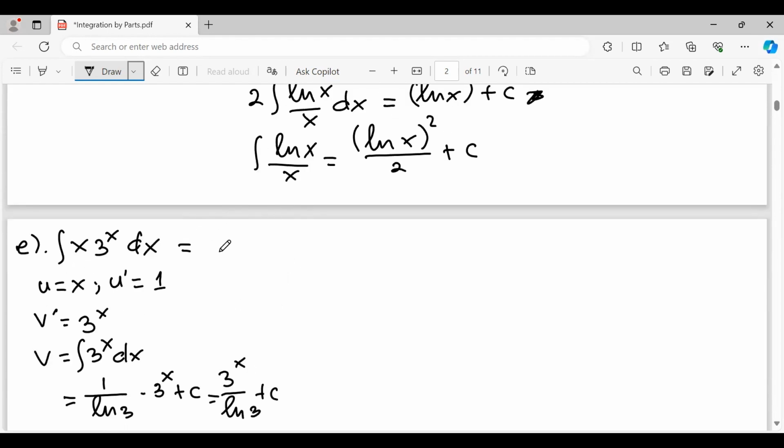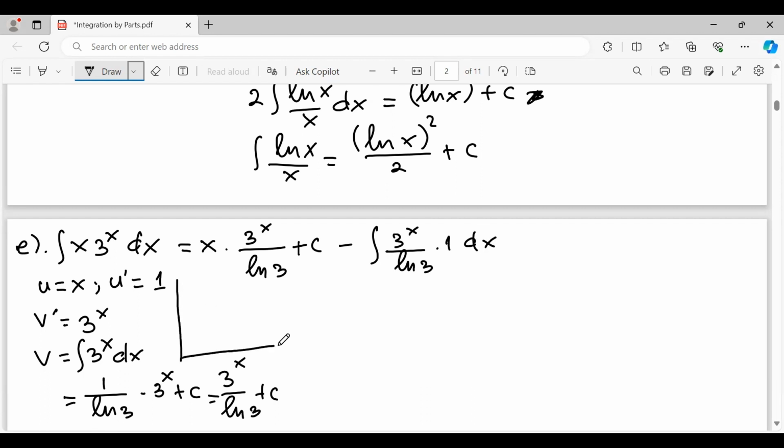Based on the formula, u times phi is x times 3 power x over ln 3 plus c, minus integral phi, 3 power x over ln 3, times 1. I'm going to separate first.